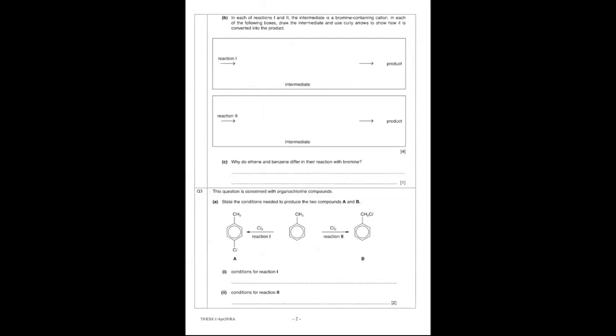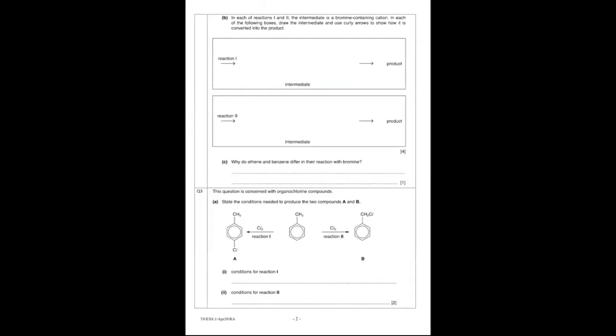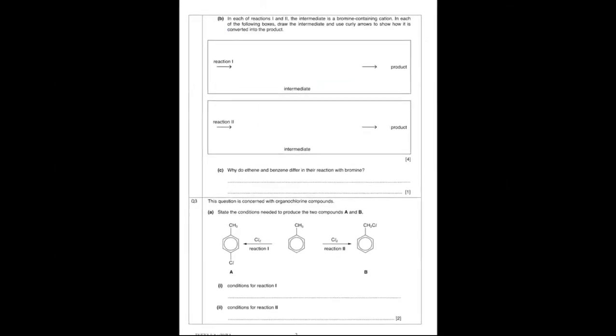So I'll let you do this again on your own, because otherwise you will never look at your notes. Both of them will have a carbocation intermediate. So that's what you have to draw.